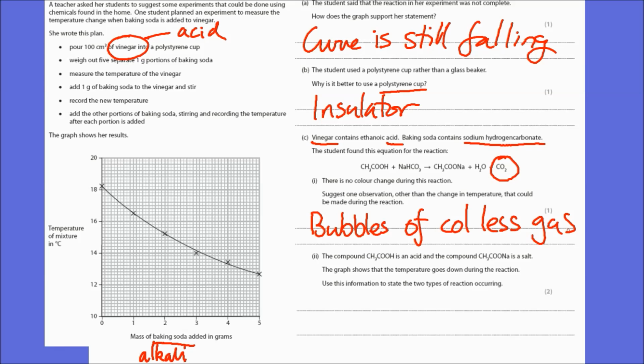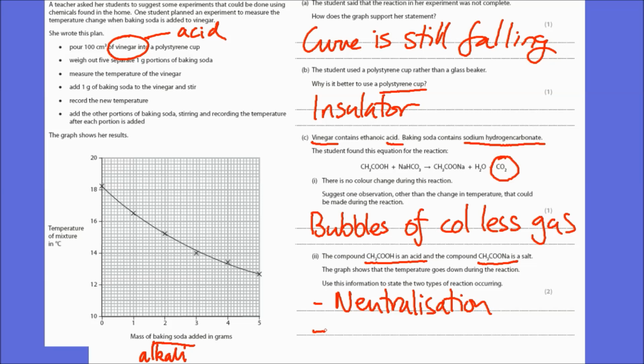They then tell you that this is an acid and that one of the products, which is something called sodium ethanoate, is a salt. Describe two reactions that are occurring. As we know, you've got an acid, and hopefully you've spotted you've got baking soda in there. You should already have realised that this is a neutralisation reaction.